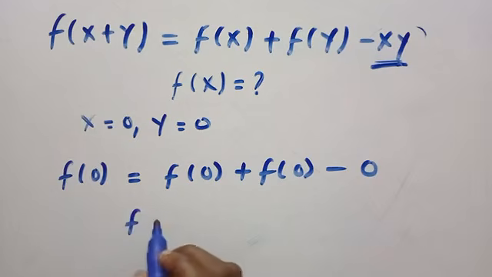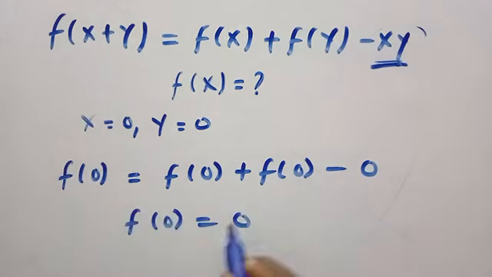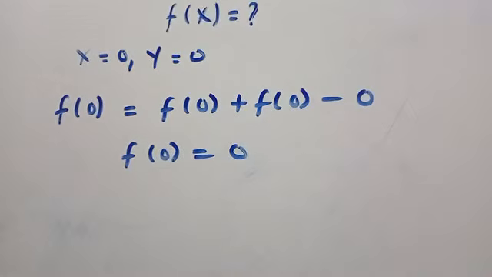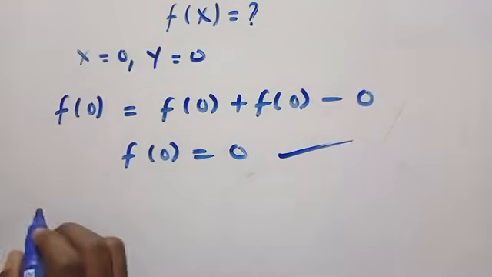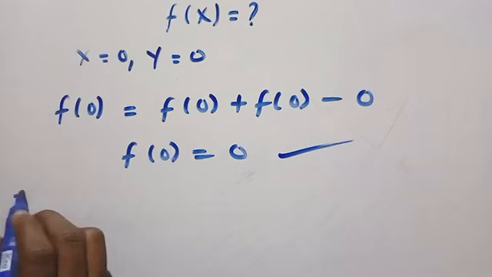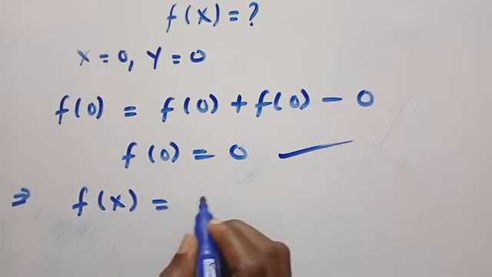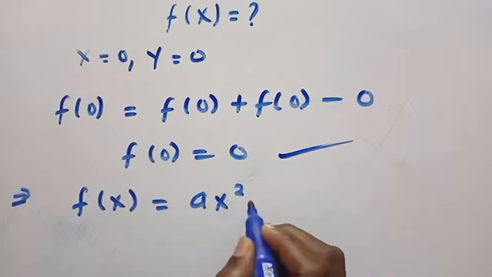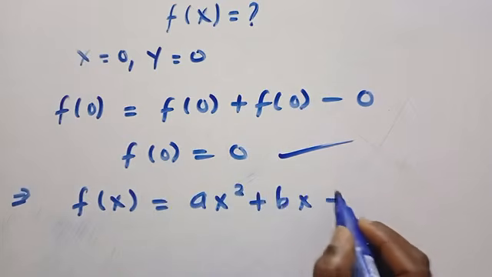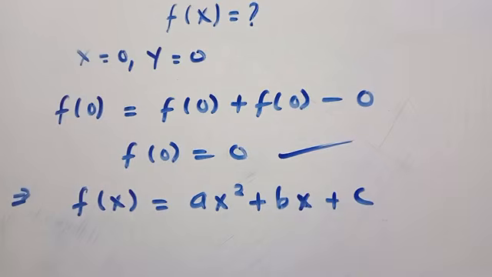So the whole of this gives us f of 0 equals 0. Since f of 0 equals 0, let f of x equal ax squared plus bx plus c, a quadratic because of the product of x and y.